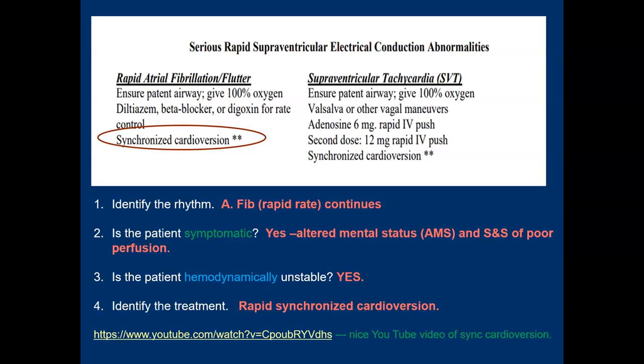And that's what this scenario is telling you: we have this drug that we've given and it didn't slow the rate down. Because of the continuation of this rapid rate of atrial fibrillation, it's now actually compromising the cardiac output, as evidenced by the altered mental status, the signs and symptoms of poor perfusion with the very, very low blood pressure, and the fact that there is not enough of a pulse at the fingertips or a waveform of blood in the periphery to generate a waveform on the O2 sat.